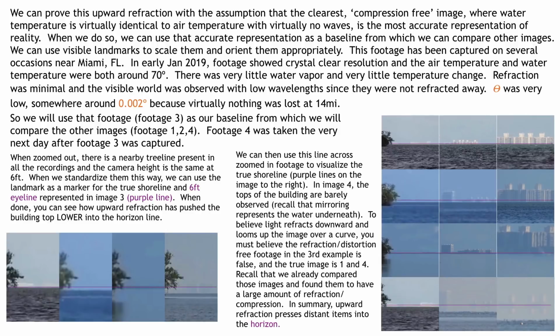Theta in this case was very low, somewhere around 0.002 degrees, because virtually nothing was lost at 14 miles. In other words, we were viewing with very low wavelengths, and there was essentially no aberration, no distortion whatsoever, artificially compressing any information, and the resolution was outstanding.